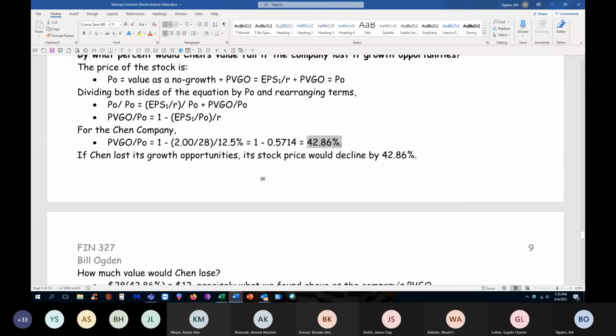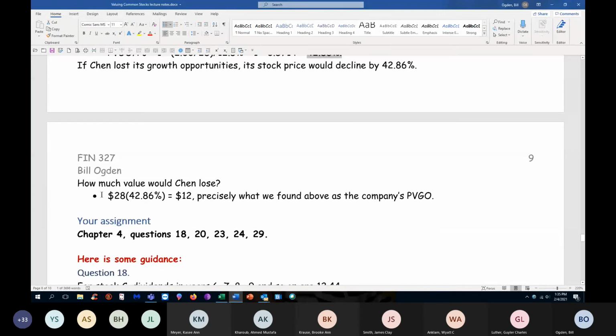And if we can follow up on that, if I take $28, my share price, and multiply it by this 42.86%, that comes out, if you don't suppress the decimal places here, to $12, which is exactly the PVGO.